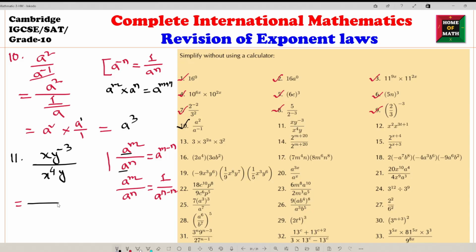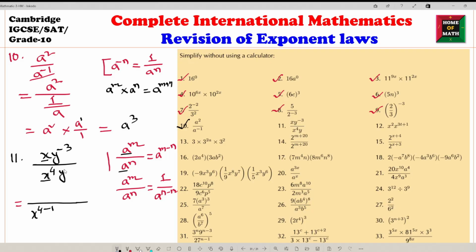Similarly, look, here is x to the power 1 divided by x to the power 4. So here x is the base, we can write x to the power 4 minus 1, right?